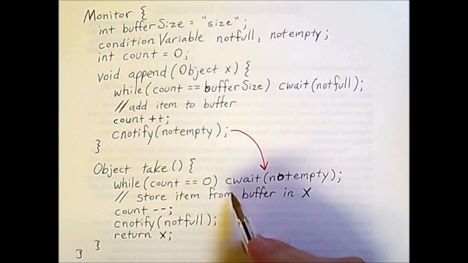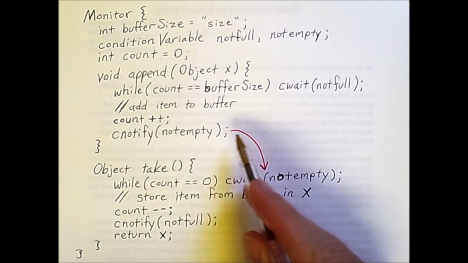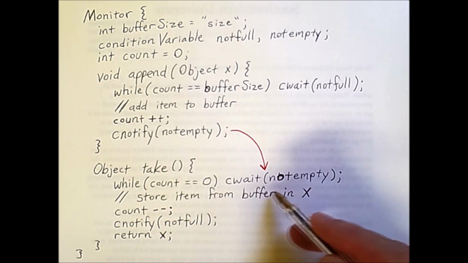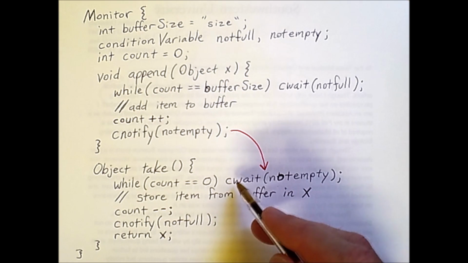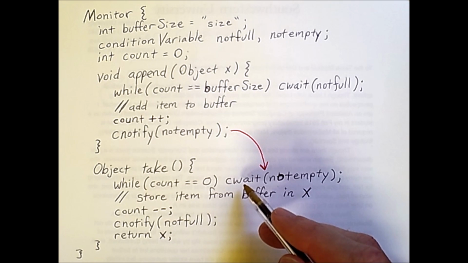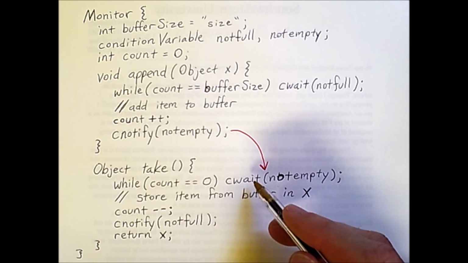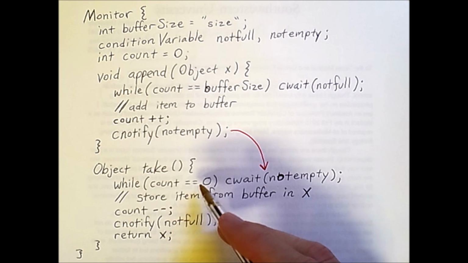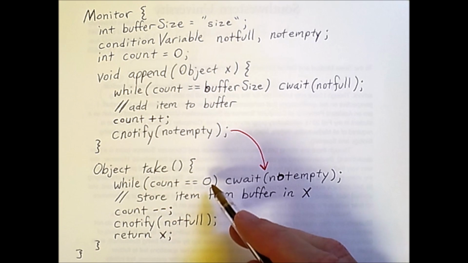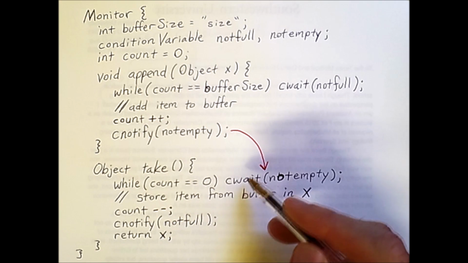And so even though you've just been told that the buffer is not empty and you can consume something, the while loop forces the thread or process to check one more time to make sure that the count is still not equal to 0 before moving forward.